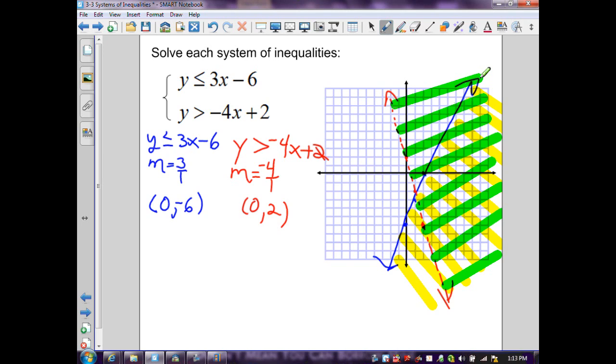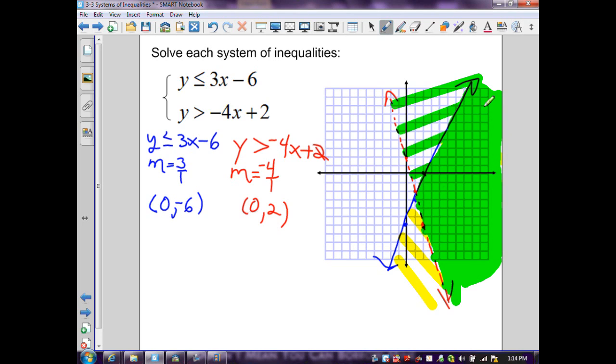But for the solution set, I want where the shadings intersect. So therefore, that would be inside this area. The green solid shading represents all values that solve the system of inequalities.